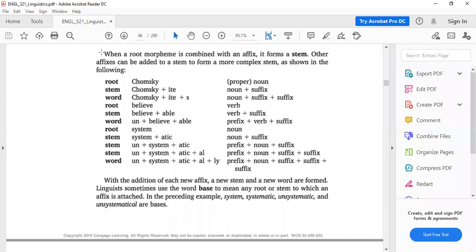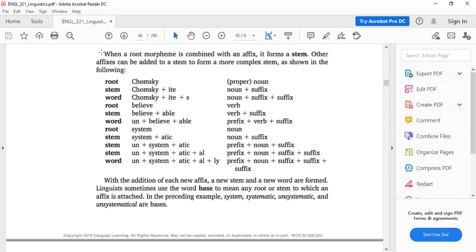Read can stand alone. But ceive cannot. Ling cannot. But when we ask what's the difference between root and stem, it is an addition thing. So a root plus an affix is the stem. Okay?